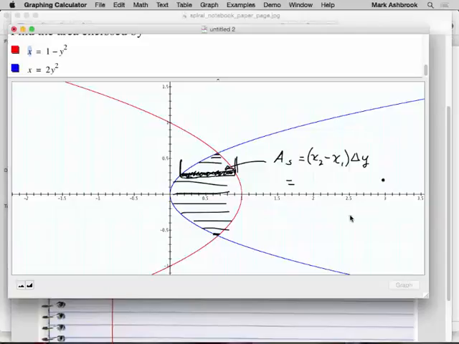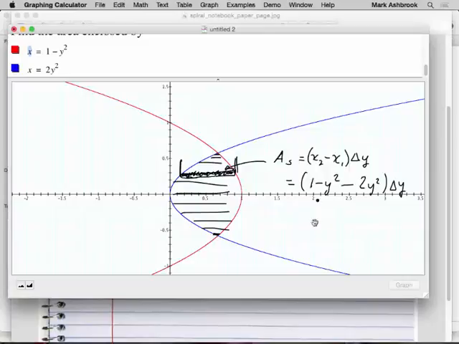So it's just 1 minus y squared. x2 is 1 minus y squared. What is x1? 2y squared. So this particular problem is far, far, far easier and more convenient to use delta y.